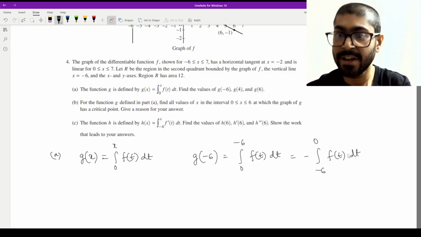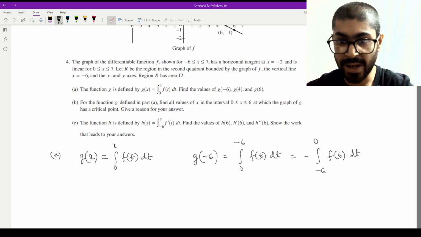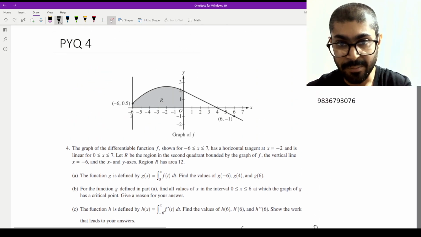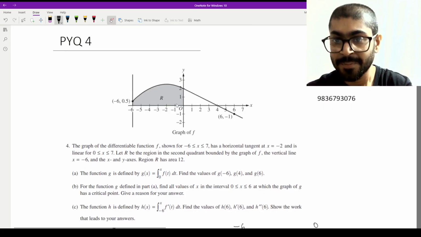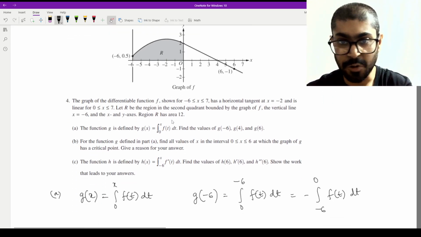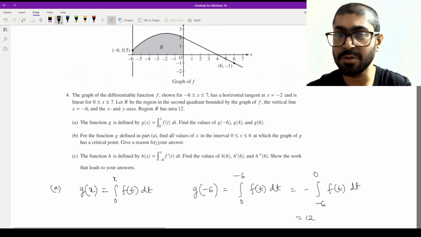Now what does this say? This says the area under the curve from x equal to -6 to x equal to 0, which is the y-axis. Now notice -6 to 0, that is the region R, right? So the area of that is given to be 12. So it will be negative 12. Alright, no calculations necessary.